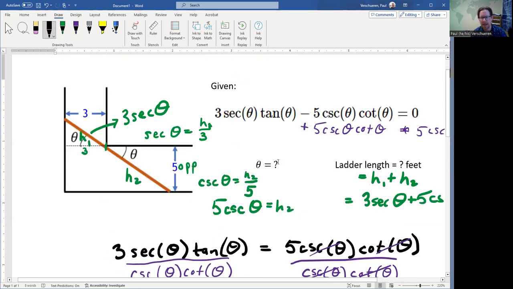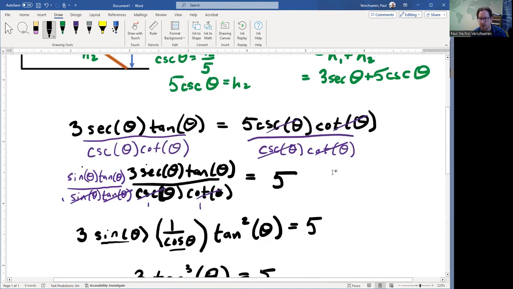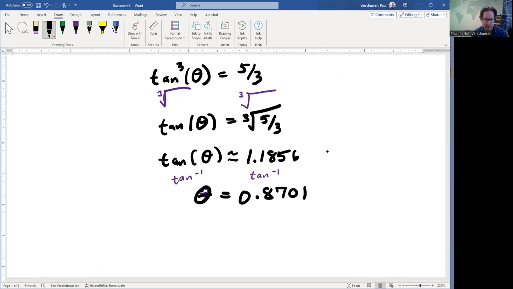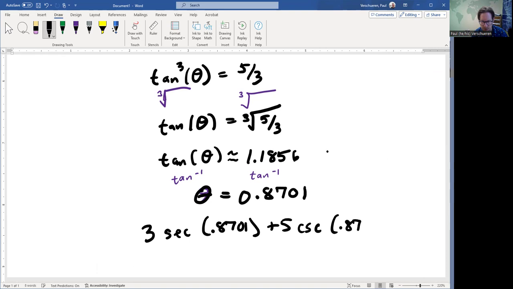Remember, the two things we wanted to answer were the ladder length and theta. We found this. The ladder length is going to be 3 secant theta plus 5 cosecant of theta. So I'm just going to write that as 3 secant of 0.8701 plus 5 cosecant of 0.8701.